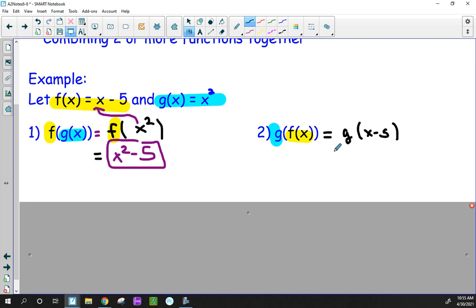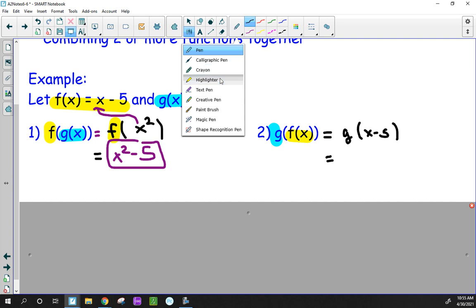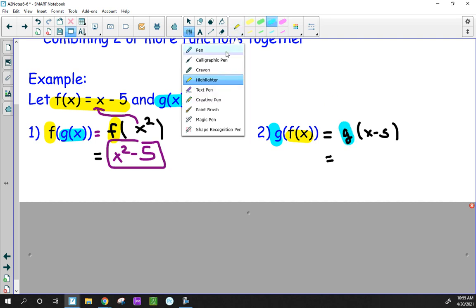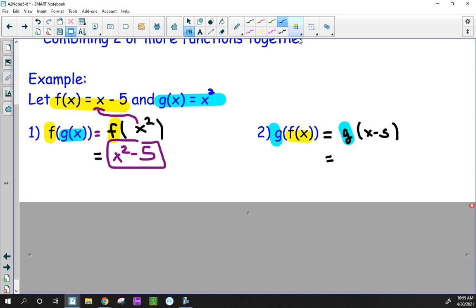Okay. Underneath it, straight underneath, you're going to drop your equal sign. G is only there for you to follow the direction, like which function to use. This is now saying go to your g function in your directions. Your g rule is something squared. This part in the parentheses, whatever you are given, is what you substitute in place of x as you write it down.